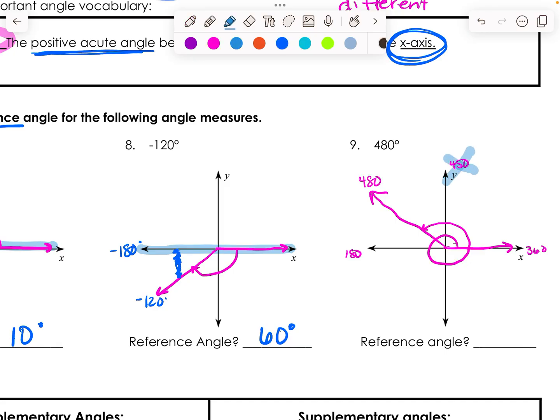Do not go to that 450. No. Go to the x-axis only. Figure out how much it is. It's going to get you from here down to here. So what's 3? This is 540. Okay, so you're looking at a 60-degree angle there.